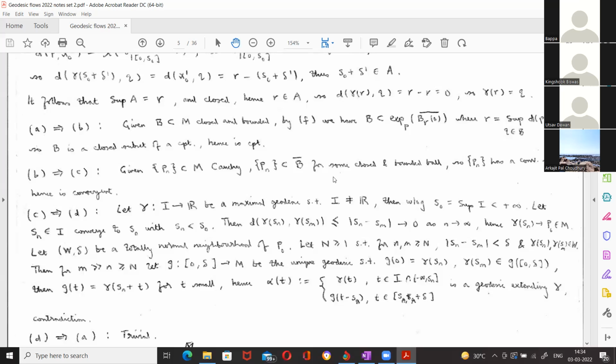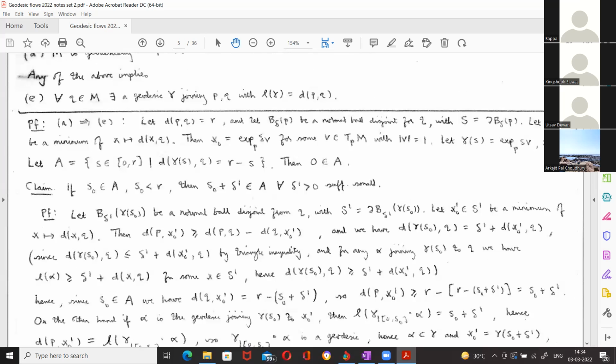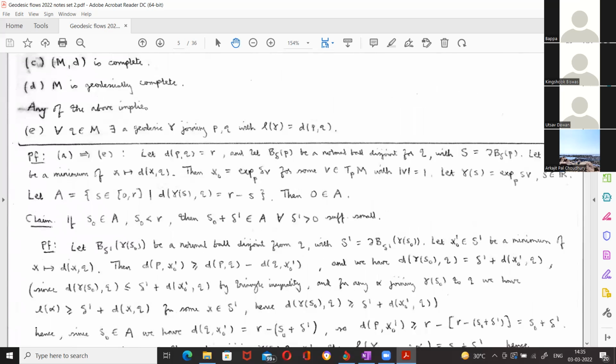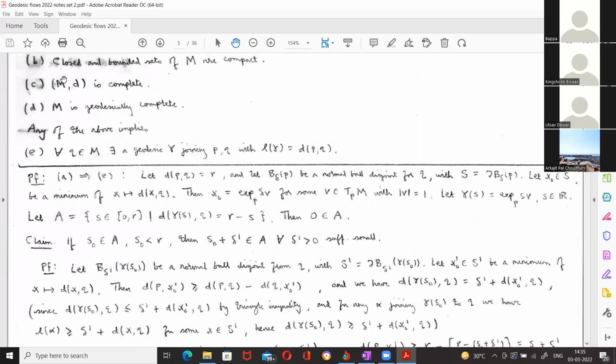Okay. And then we have C implies D. So C implies D says that if the metric space is complete, then the manifold is geodesically complete. Okay. So for this, we can just use totally normal neighborhoods.